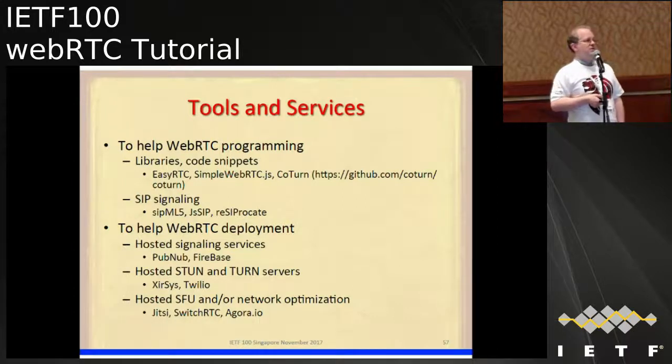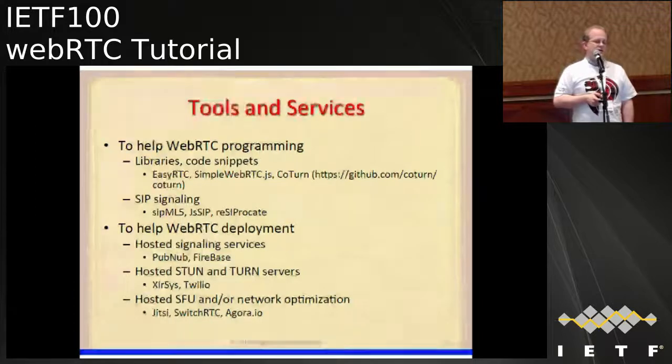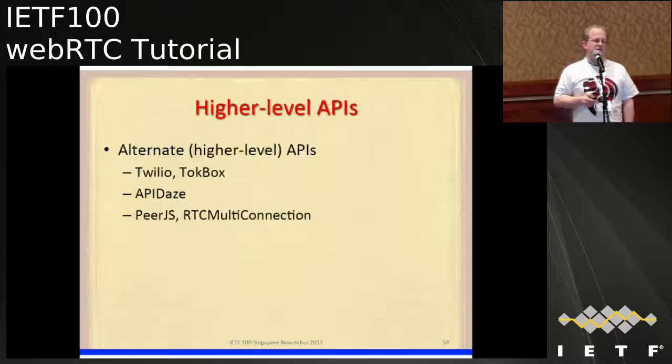So when you get to where you decide you need TURN servers, and you will for virtually any application you're going to build, you need to figure out what to do, whether you want to put it up yourself or use one of these others. And then, of course, there are some interesting selective forwarding unit video servers and other optimization players in the space. There are also some higher level APIs. If you just don't want to code all of the stuff that you've seen, you can use some of these simpler APIs.